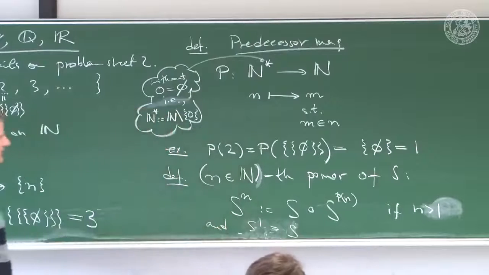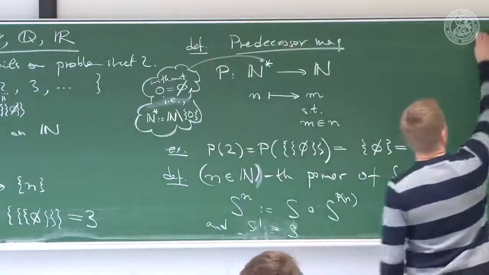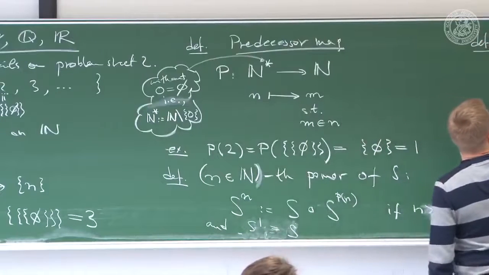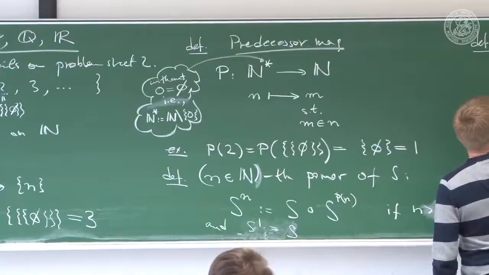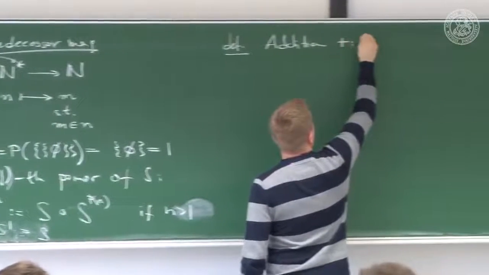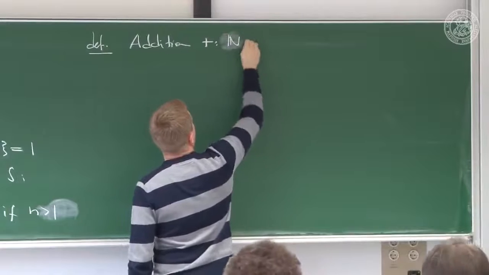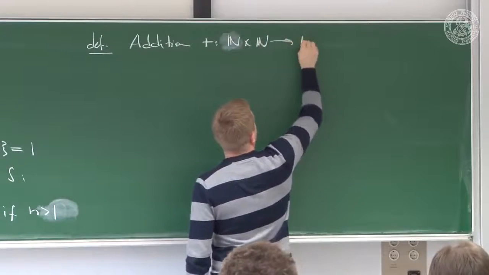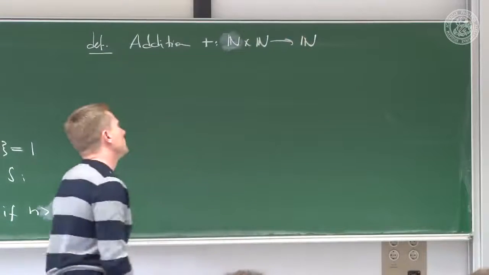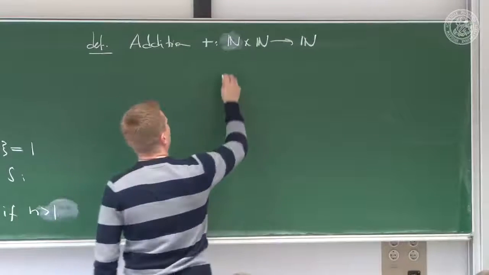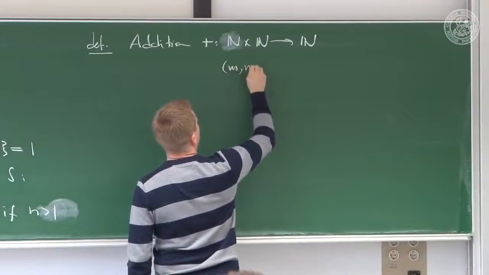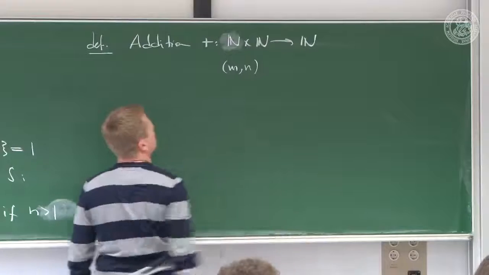Okay, so that's the power map defined recursively this way. And once we have that, we can define the addition plus that takes two natural numbers and maps them to a natural number by taking this pair m, n, which is an element of the Cartesian product.